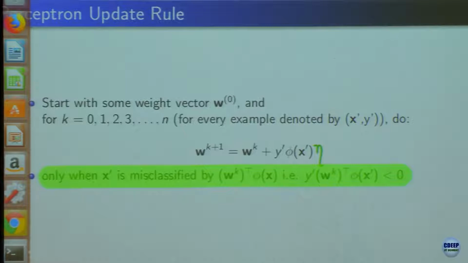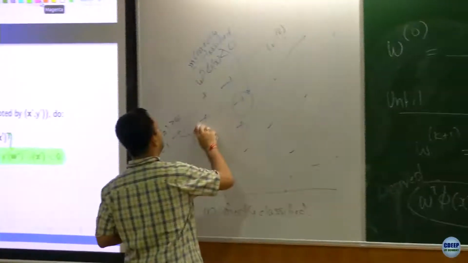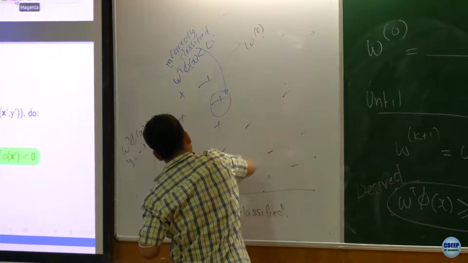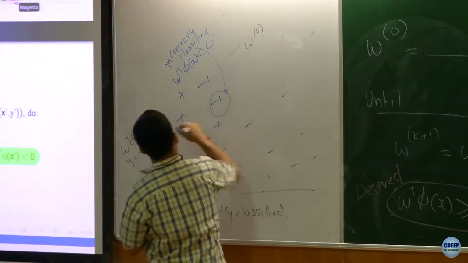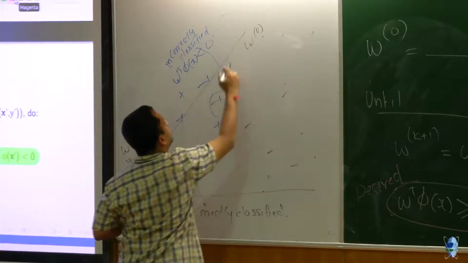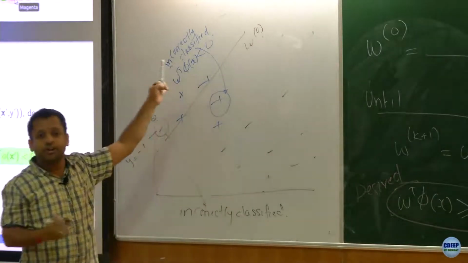Very important discussion. As we have already hinted, W is a normal. Okay, now imagine two points. Let us refer to this point W0. Okay, this was my W0.